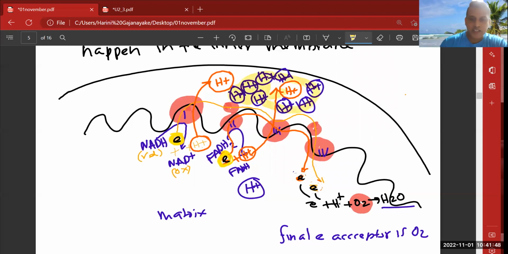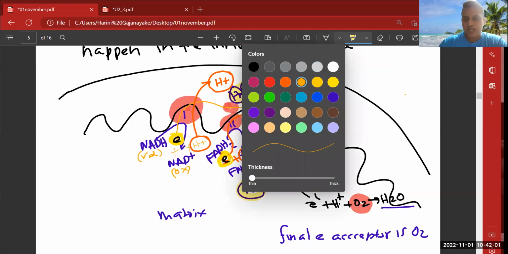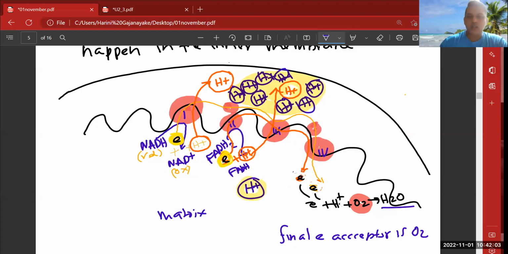Now this side hydrogen ion level is high and inside hydrogen ion is less. So this is the potential gradient, same as photosynthesis. Now hydrogen ion can only move back through this ATP synthase complex.